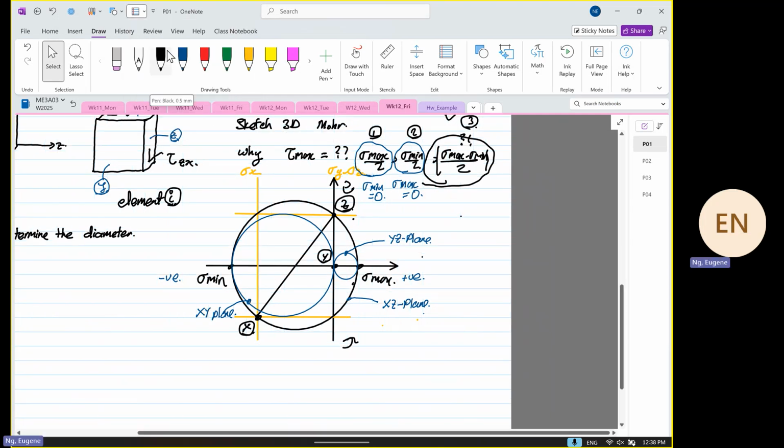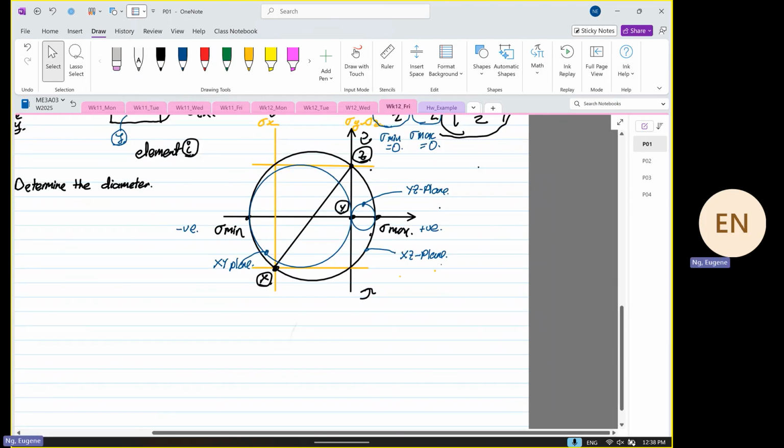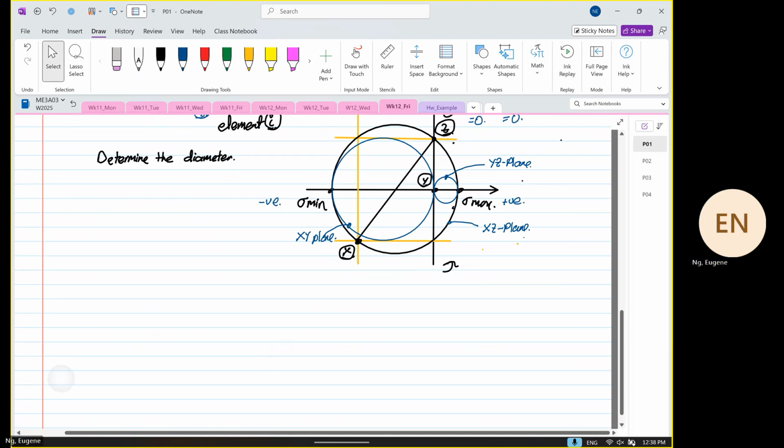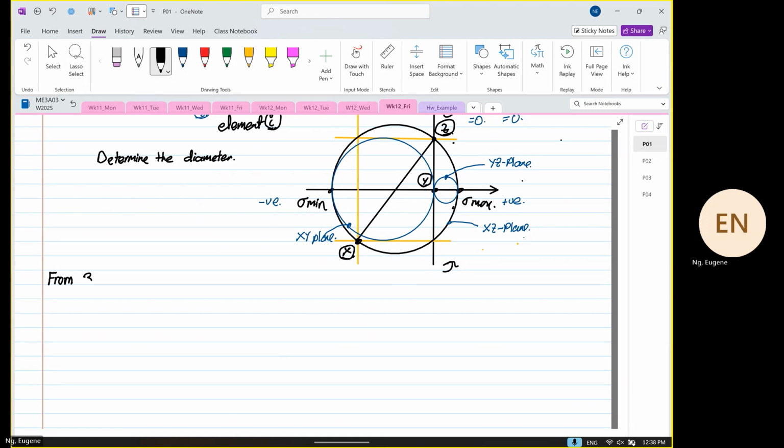All we need to do now, okay, so we know that from the 3D Mohr circle, we have to use the maximum shear stress equal to stress max minus stress mean divided by 2.